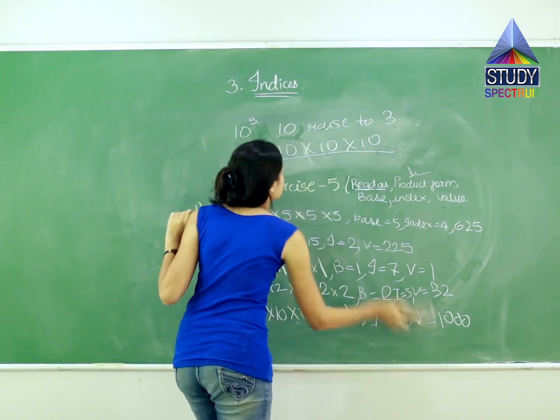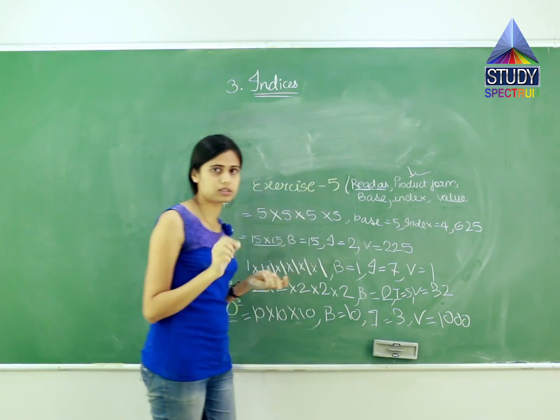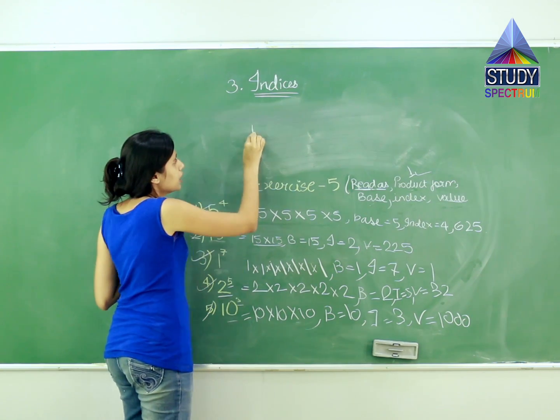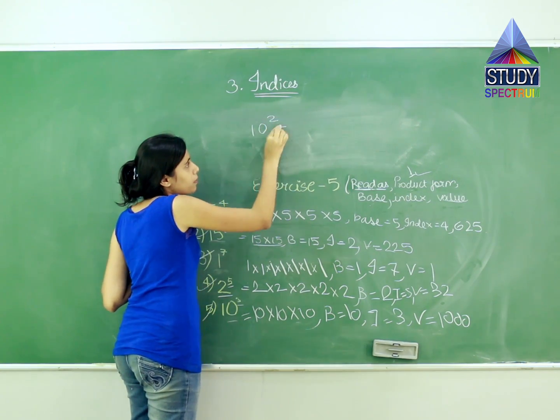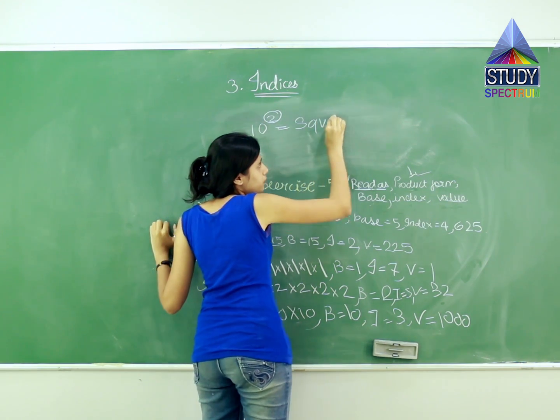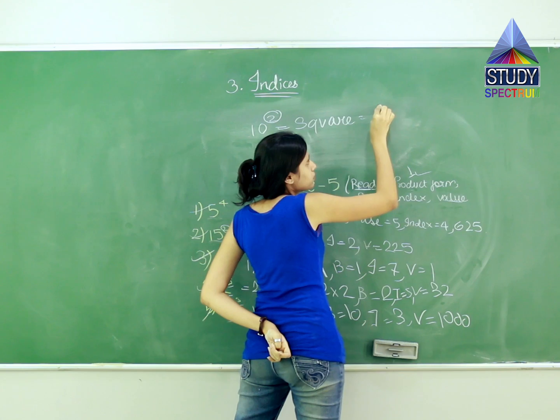And remember, there are also some names given to this raised to. Over here look, if I say 10 raised to 2, this 2 is called as square and also read as square of 10.